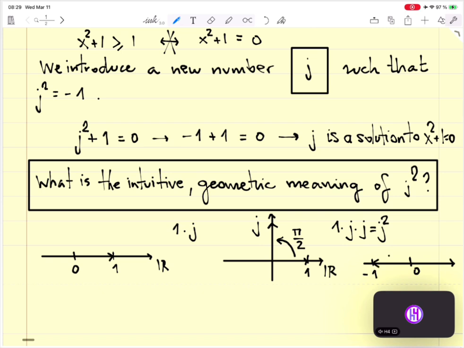So we're turning again 90 degrees. What we're getting is that j squared is -1. This is the intuitive way to understand j. Okay? Whenever you multiply something times j, you're turning it 90 degrees to the left. This is an intuition. It's something that, of course, we will see now with algebra, but you need to internalize. Any questions so far?